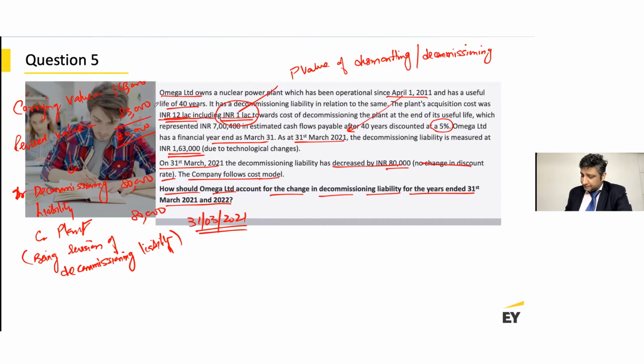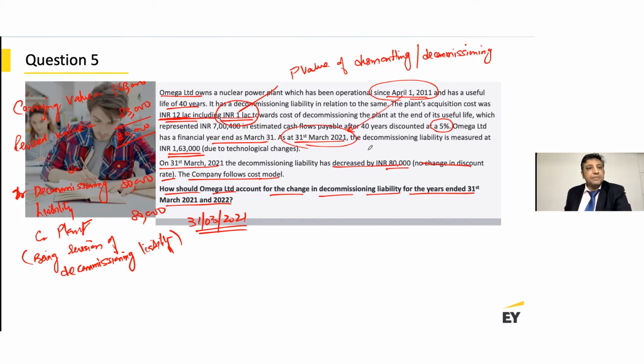Okay. What you would like to remember here is that the cost of the asset is 12 lakh rupees. 10 years have gone by, from 1st of April 2011 to 31st of March 2021.